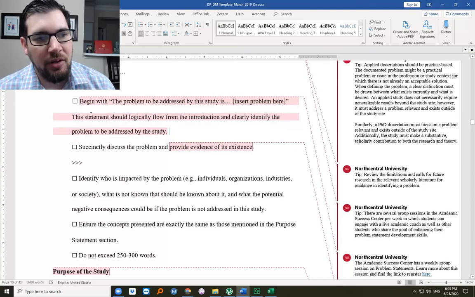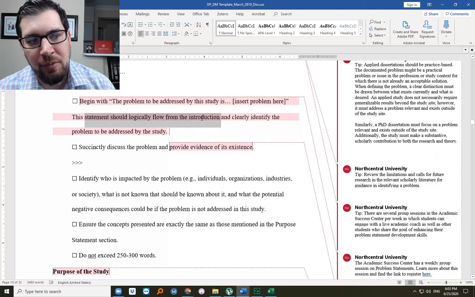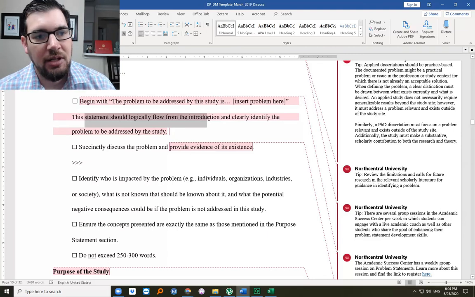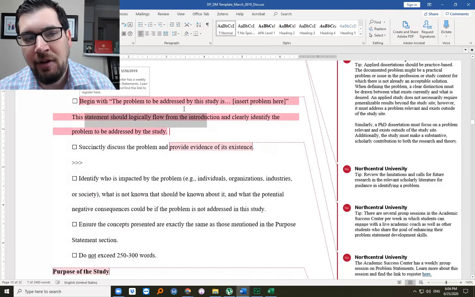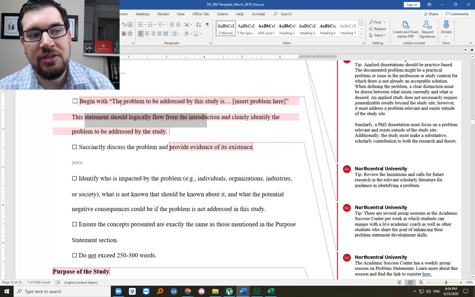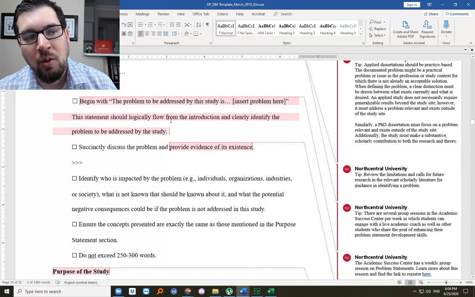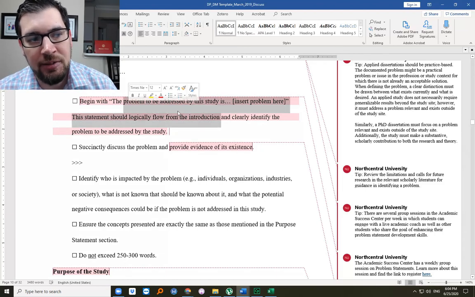Of course, you need to also make sure, does this flow from the introduction? If you didn't mention shoes or protective gear or the coronavirus in your intro, then you're going to have a mismatch, and we call that lack of alignment or an alignment issue. You want it to be almost absolutely positive from your intro what you're about to say right here.